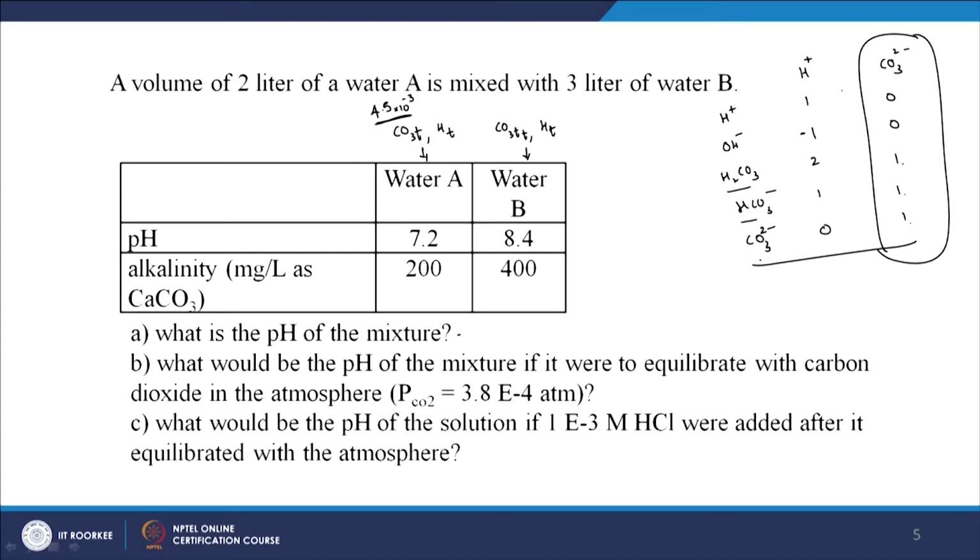So similarly we need to calculate what is it now, H total, and what is that equal to? H plus plus 2 times H2CO3, 1 times HCO3 minus and minus OH minus. So let us see if we can calculate that, right.